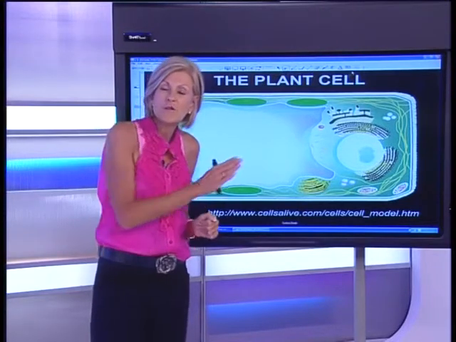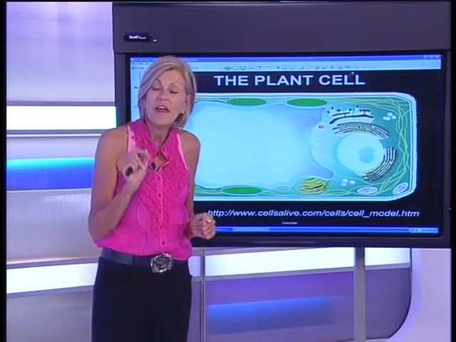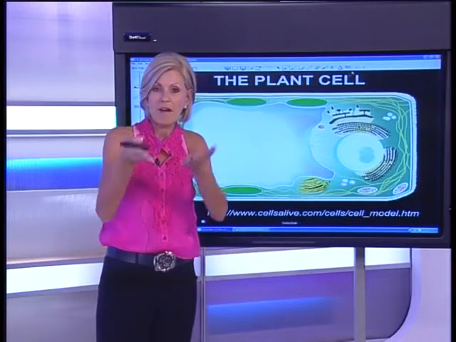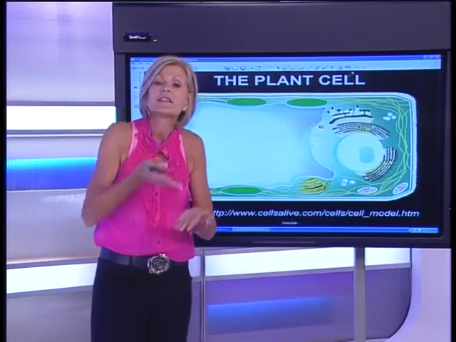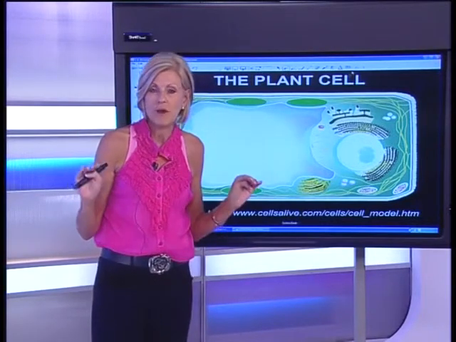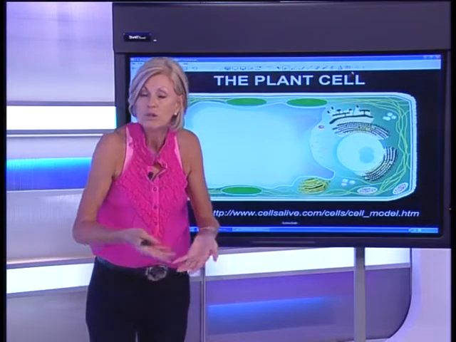If water moves anywhere else and it doesn't move through a membrane, then it is not osmosis, it's diffusion. All right, so if I have water and it evaporates out of a glass, that is diffusion. It's moving out. It's not going through a membrane, it's going from where there is more to where there is less.